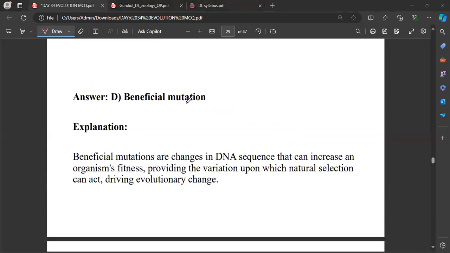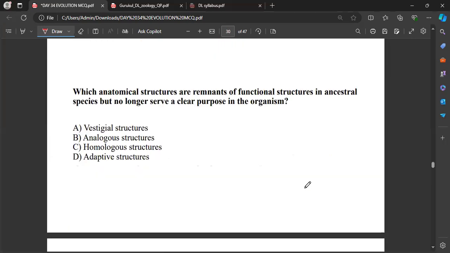That will be a beneficial mutation, obviously. Here, this is the mutation in the DNA. They are increasing the organism's fitness. Only then does it lead to an evolutionary change. And this mutation has happened a lot. You know the history, right?